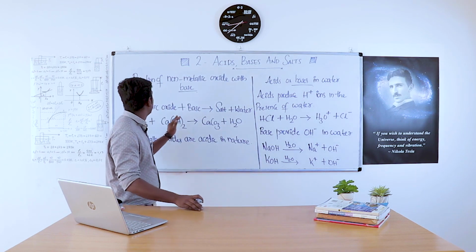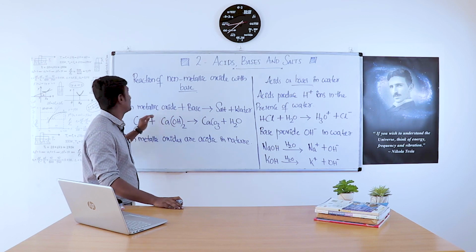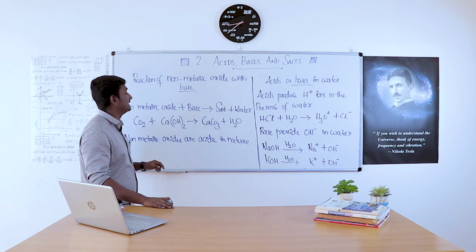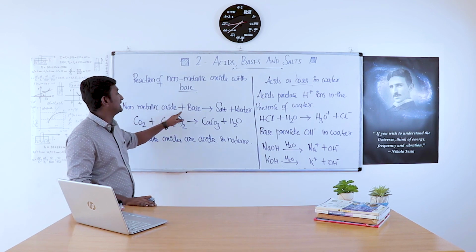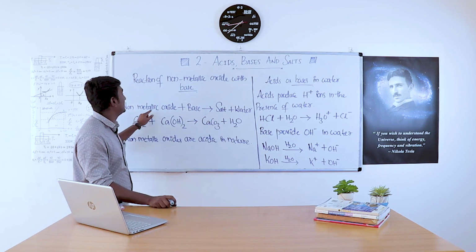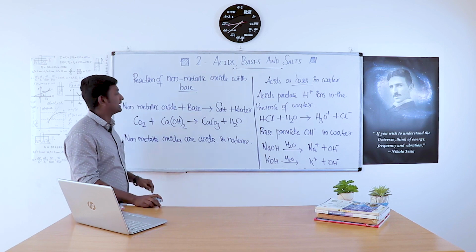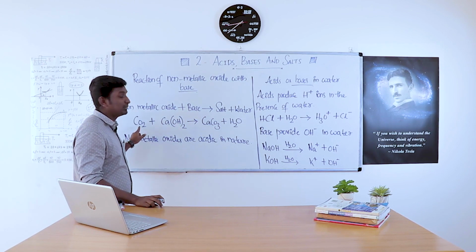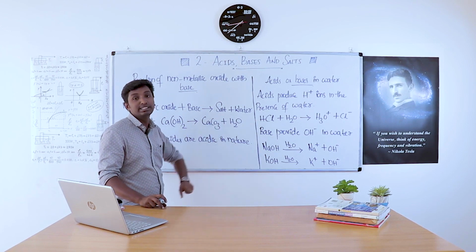So we can say that a non-metallic oxide is acidic in nature. So in general, we can say that a non-metallic oxide reacts with a base, gives salt and water. For example, CO2 plus CaOH twice gives CaCO3 plus H2O.